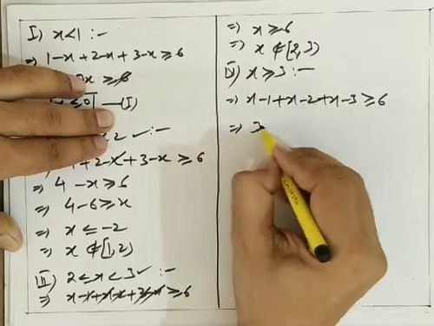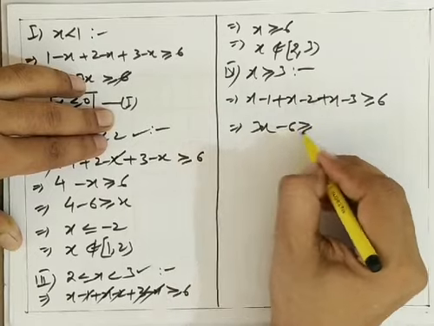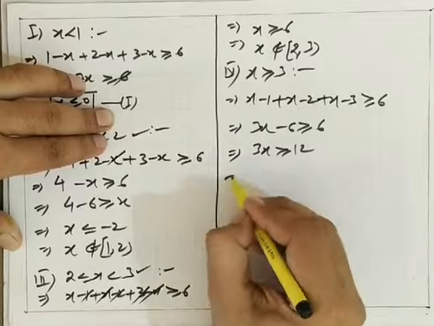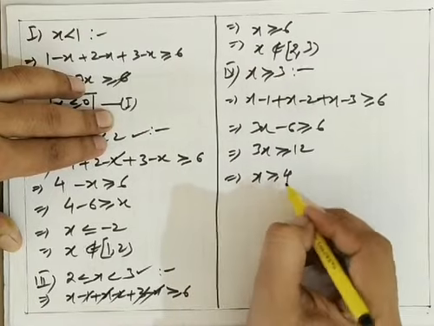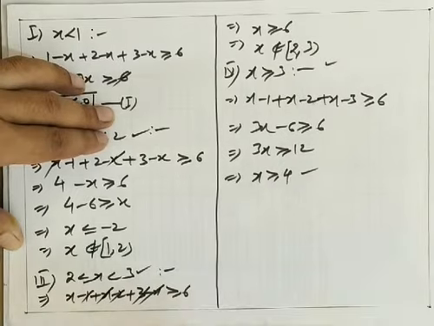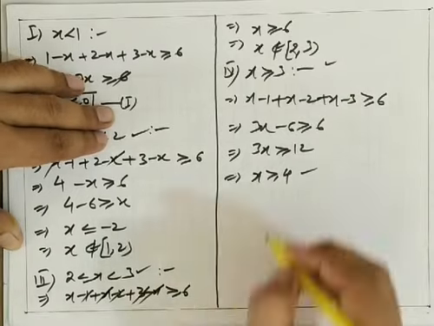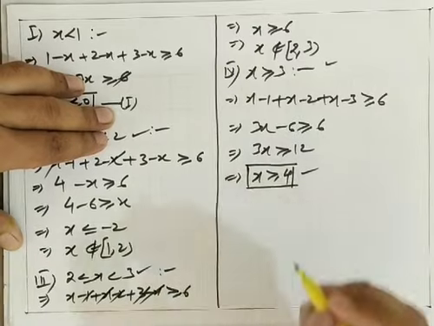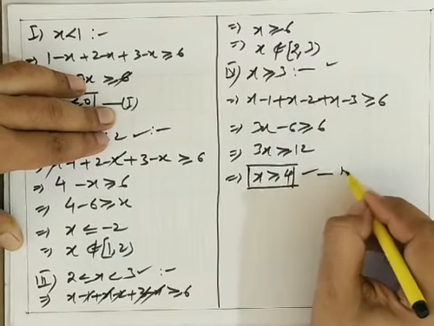So that means 3x minus 6 should be greater than or equal to 6. So that means 3x should be greater than or equal to 12. So that means x should be greater than or equal to 4. So here we want x greater than or equal to 3 and we are getting the answer as x greater than or equal to 4. So clearly this satisfies the given condition also. So this is the answer for the fourth case.